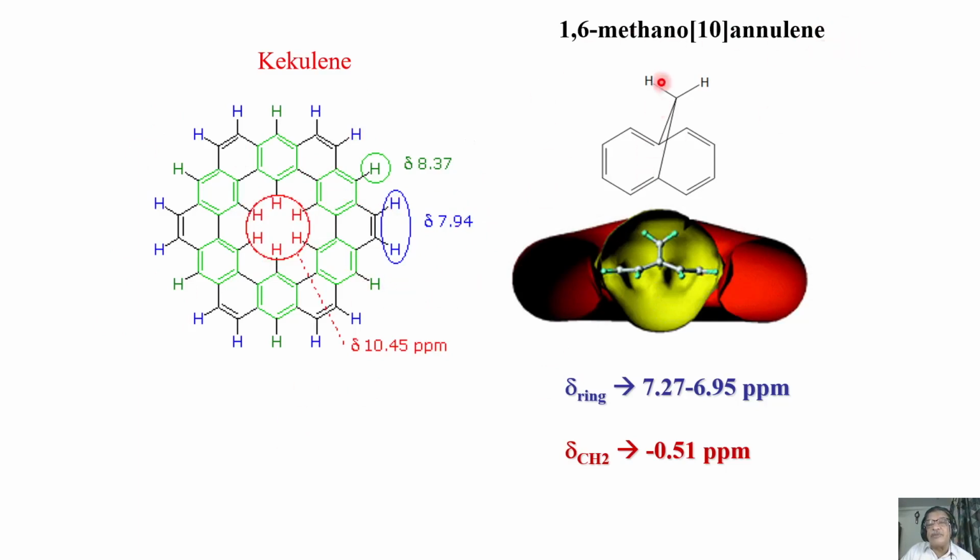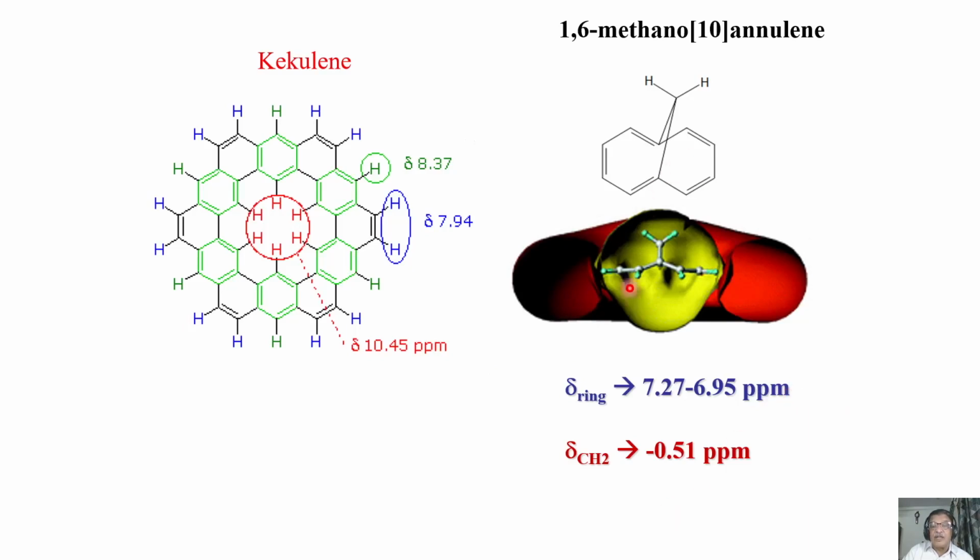Consider a molecule like this, where these two protons, structure-wise, are sitting above this ring. That's what we said: shielding and de-shielding we discussed. Protons sitting above the plane of the benzene ring get shielded, and in the plane of the ring they get de-shielded. Now these two protons are sitting above the plane of the ring. Consequently, this proton comes at minus 0.51 ppm, whereas the ring protons come at 7.27 ppm.